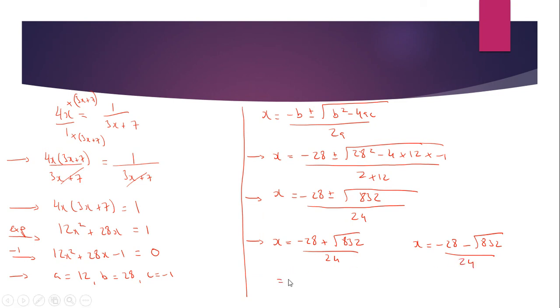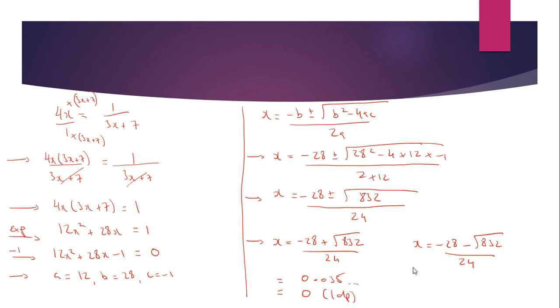So work both of those out. Minus 28 plus root 832 all over 24 gives me, oh, that's nasty, to 1 dp. I got 0.035, but to 1 dp, that's 0. Weird question.